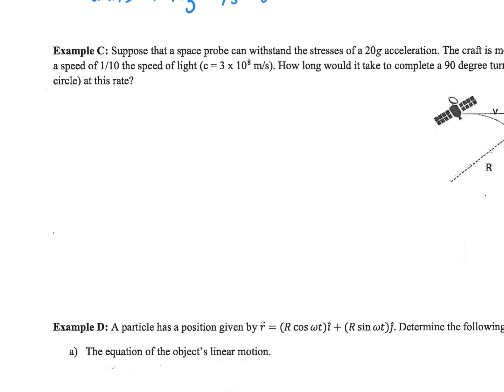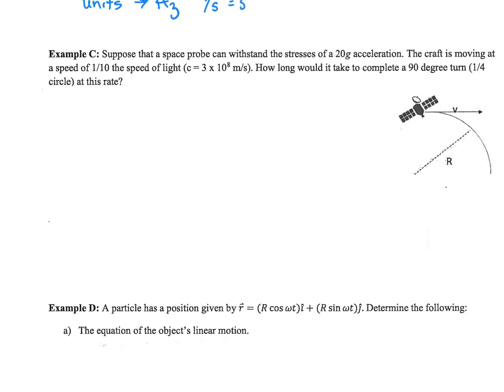So let's look at C. Suppose a space probe withstands a stress of 20 g acceleration. That's pretty cool. The craft is moving at the speed of 1/10 the speed of light, so it gives us a velocity. How long would it take to complete a 90-degree turn? That's a quarter of a circle. So the first thing we need to figure out is what the centripetal acceleration is.